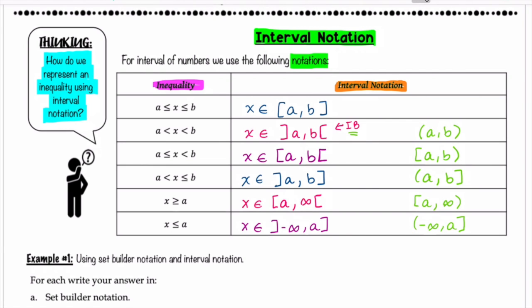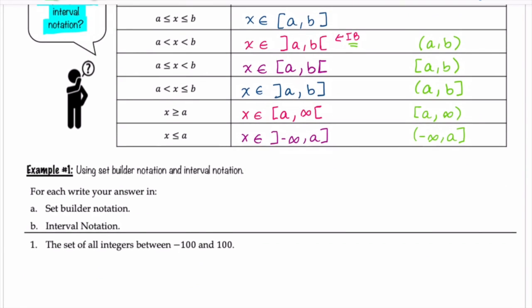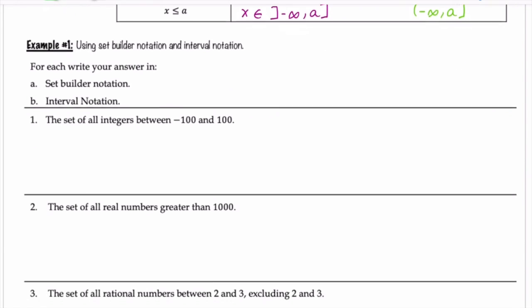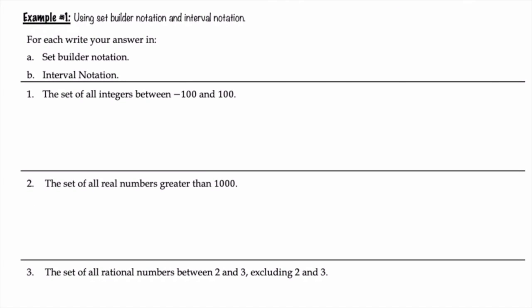Let's look at example 1. It says we are going to be using set builder notation and interval notation. So for part A, we're going to write our answer using set builder notation. For part B, we want to write it using interval notation. Let's look at question number 1. So we have the set of all integers between -100 and 100.